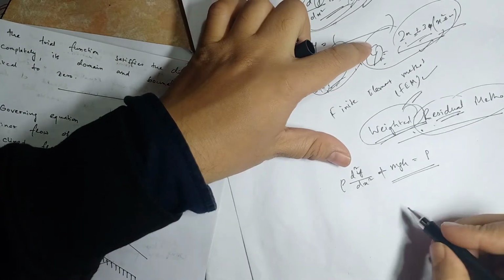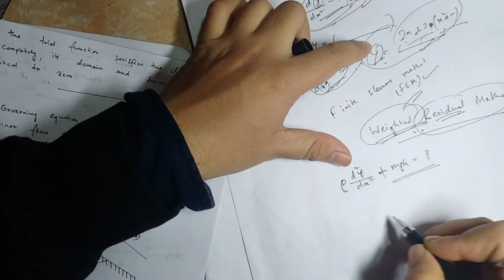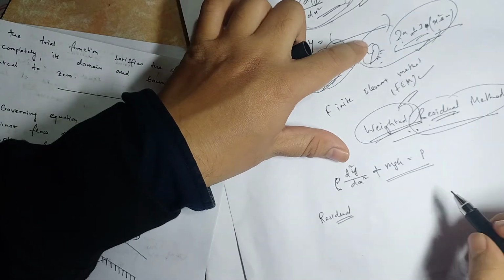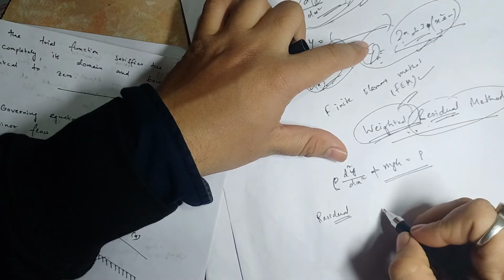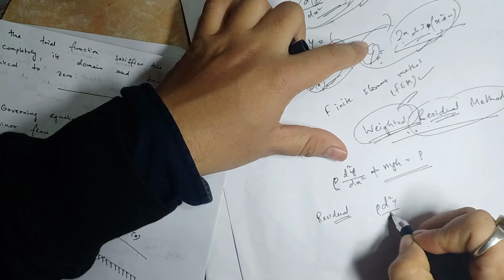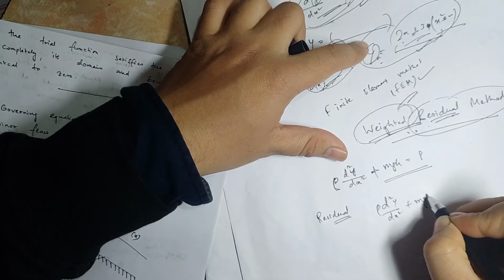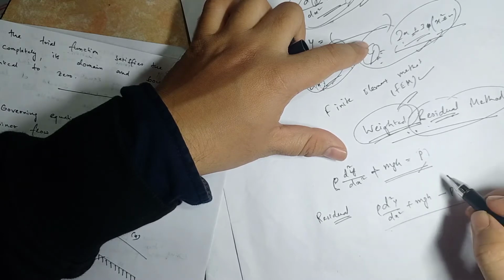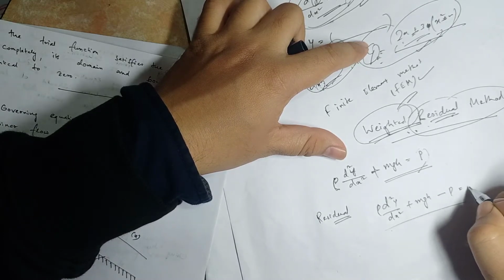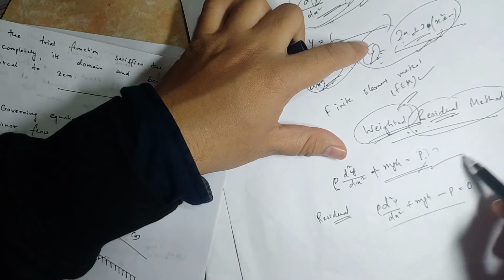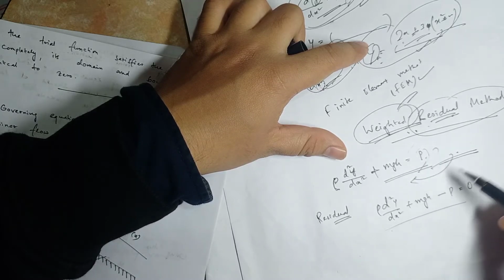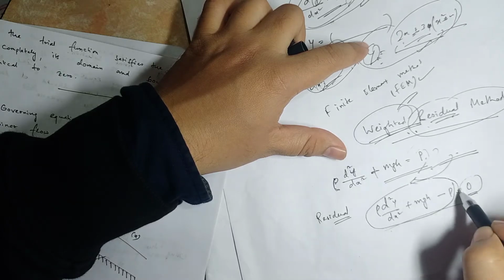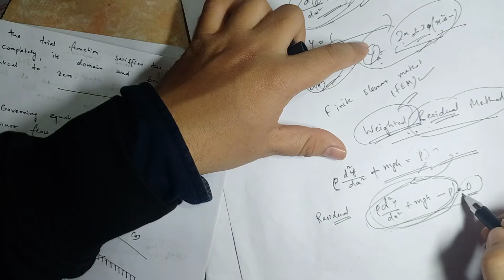The residual of this equation is obtained when we take everything to the left hand side, mgh minus p, and make the right hand side equal to 0. Then we call this part the residual, equal to 0.